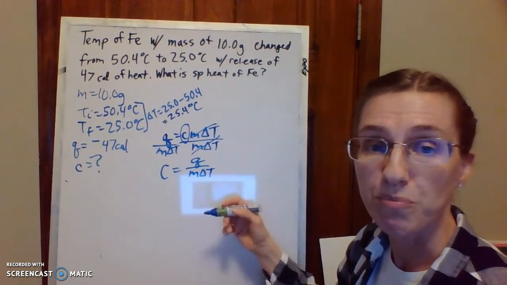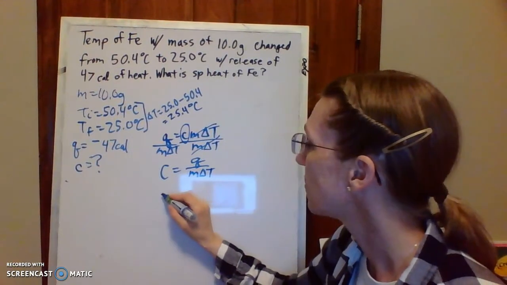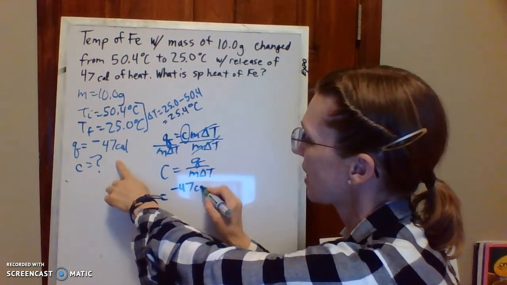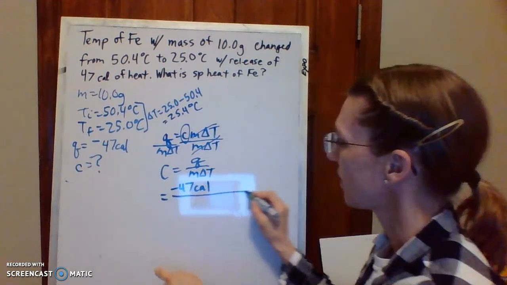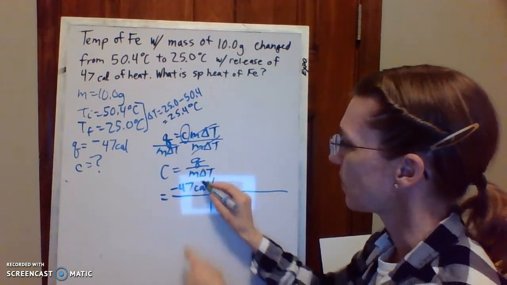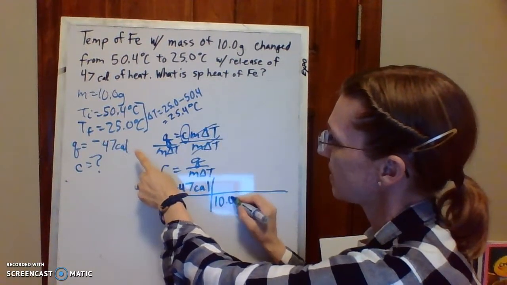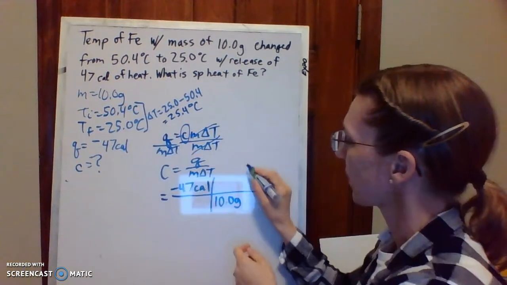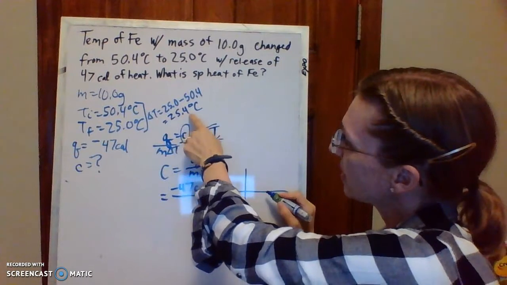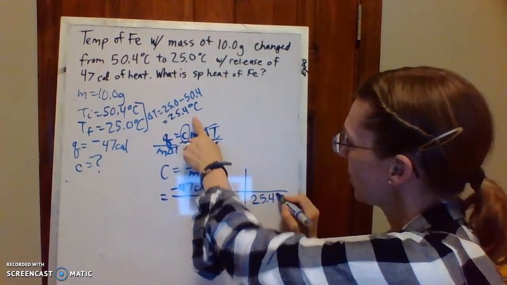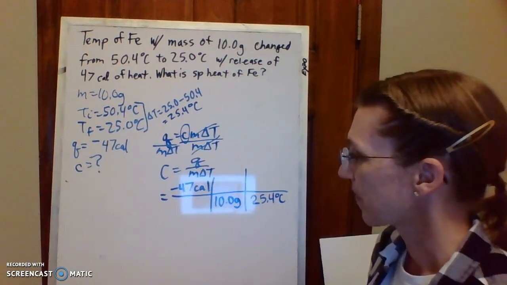So let's go ahead and substitute those in. Our Q is a negative 47 calories. We're going to leave space for everything to have its own thing. Our m is in the denominator, and it's 10.0 grams. Our delta T is in the denominator, and it is negative 25.4 degrees Celsius.